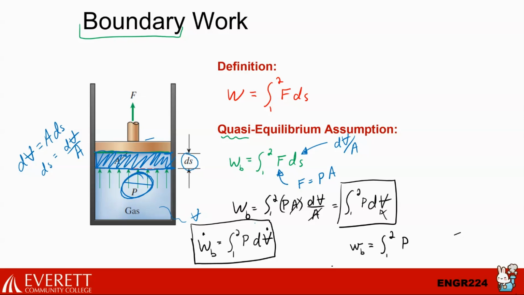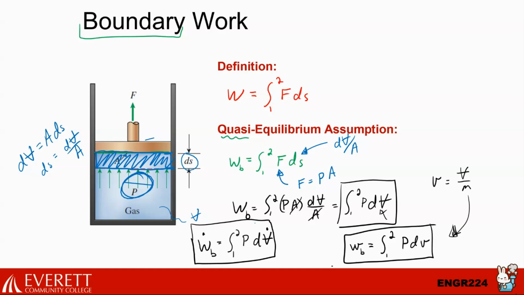Pressure doesn't get the per unit mass because that's an intensive property already. What we're going to turn into the intensive property is the volume. So little v. Just as a reminder, that little v is volume per mass.